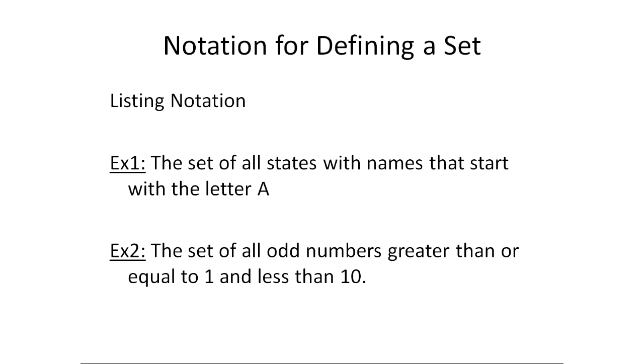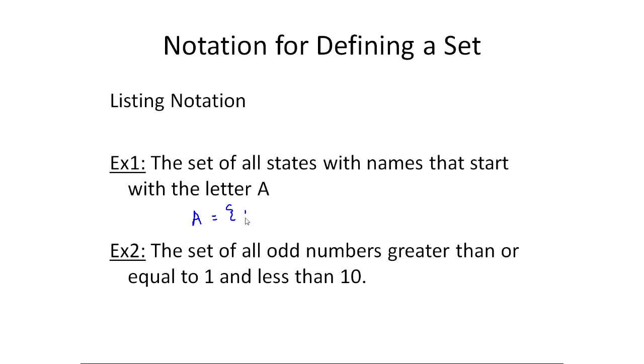So I'll show you two different notations that are really common for dealing with sets, and you should be familiar with both of these. And so the first is the listing notation. It really is what it sounds like. So in my first example, I say, okay, let's consider the set of all states that have names starting with the letter A. So in listing notation, what you do is you use a capital letter to represent your set. I suppose I could call this set A. And then you use curly brackets, and then you list out the elements.